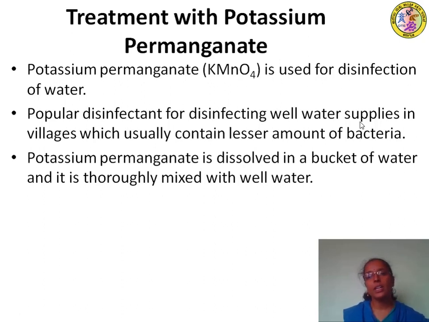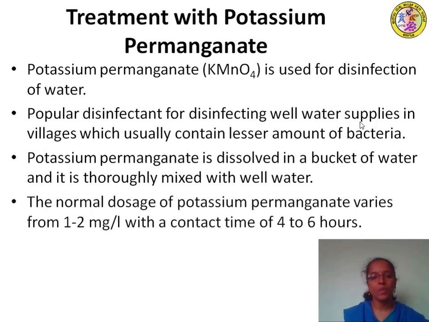Potassium permanganate is dissolved in a bucket of water and then thoroughly mixed with the well water. The normal dosage is around 1 to 2 milligrams per liter with a contact period of 4 to 6 hours.